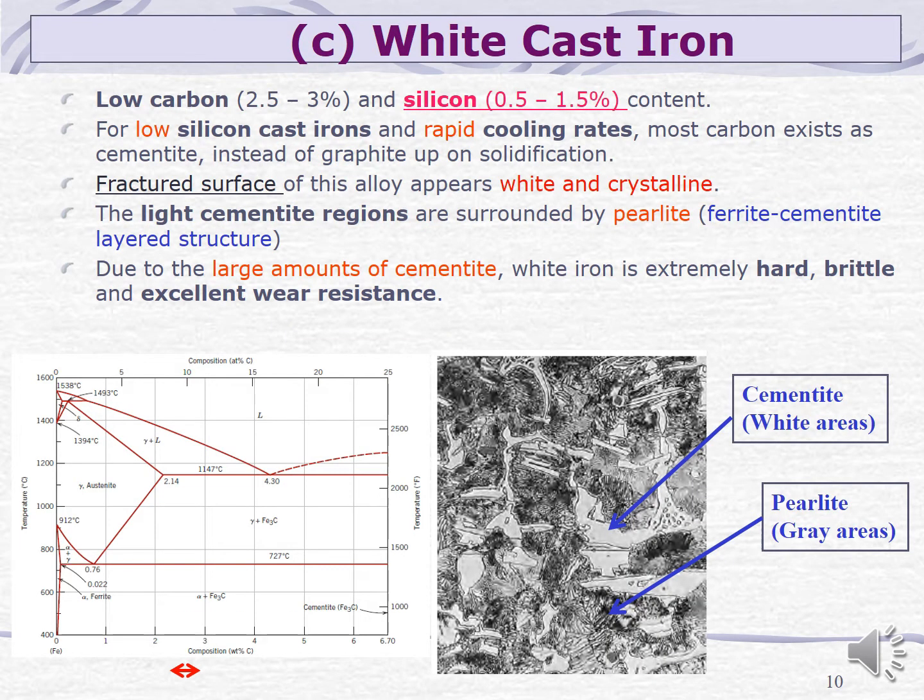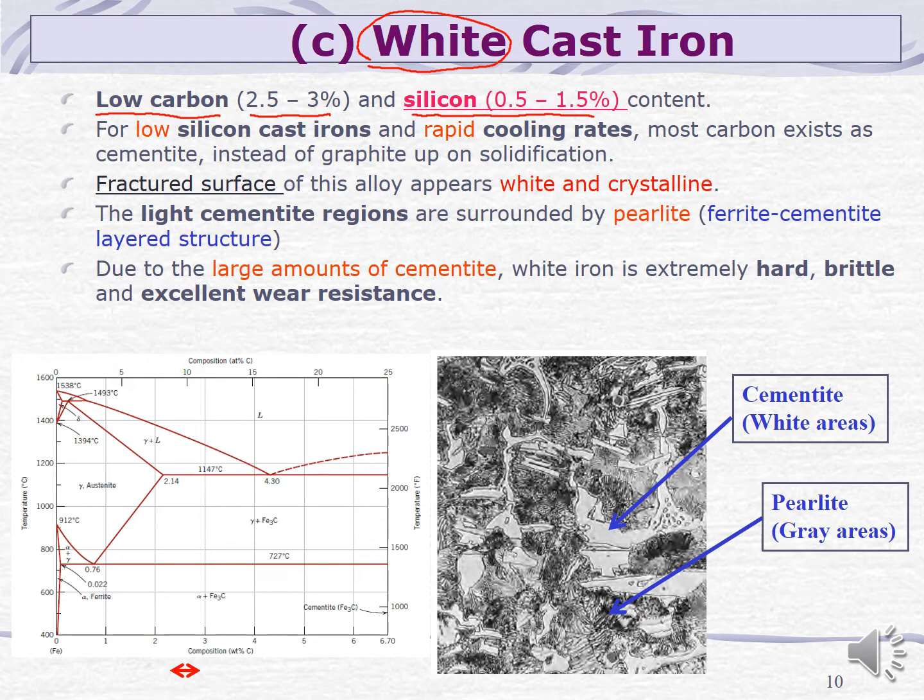Okay, next we move to the white cast iron. This cast iron has low carbon, 2.5 until 3%, and also low silicon, 0.5 to 1.5% silicon content.